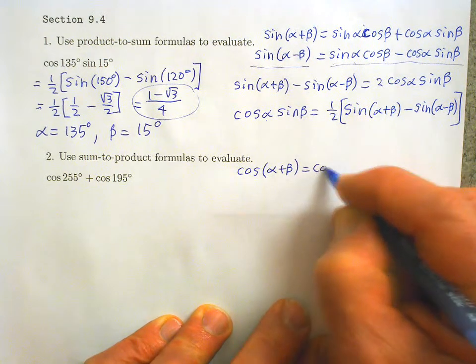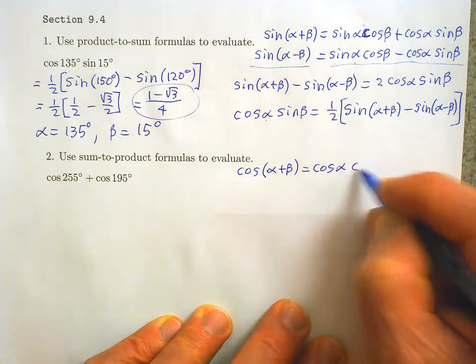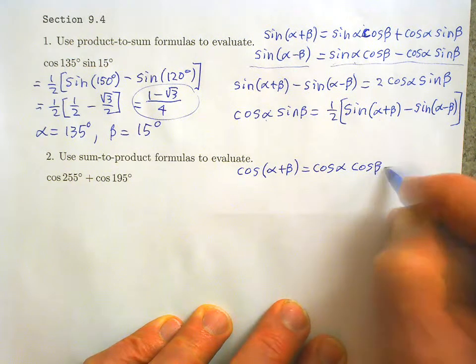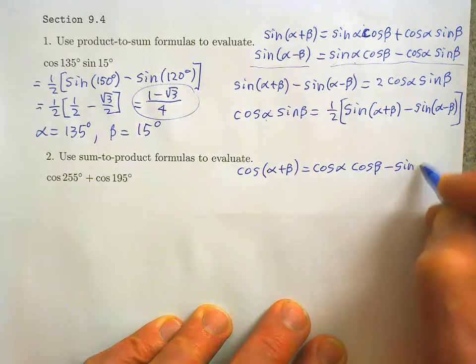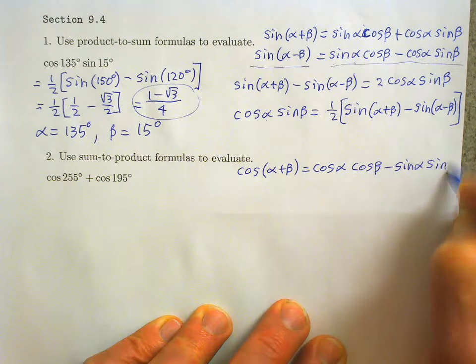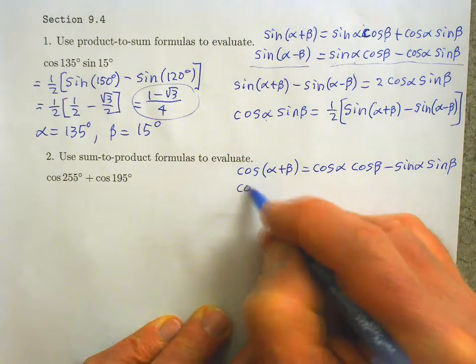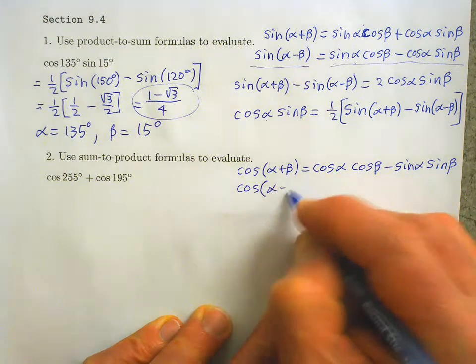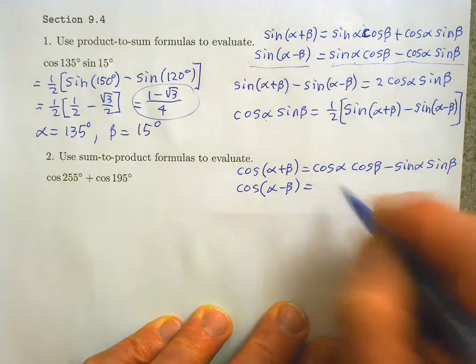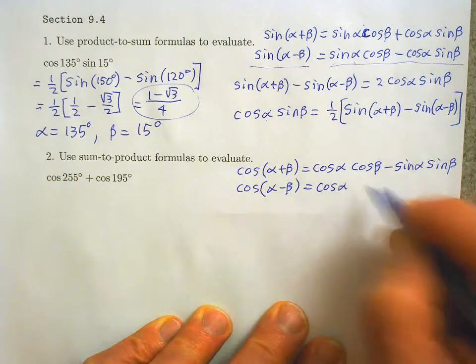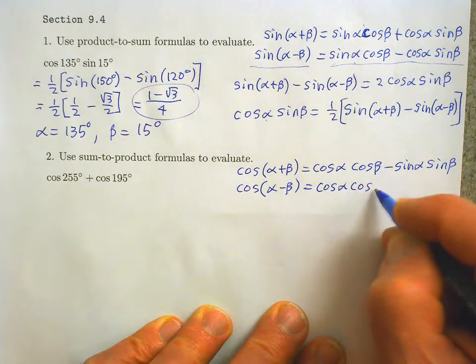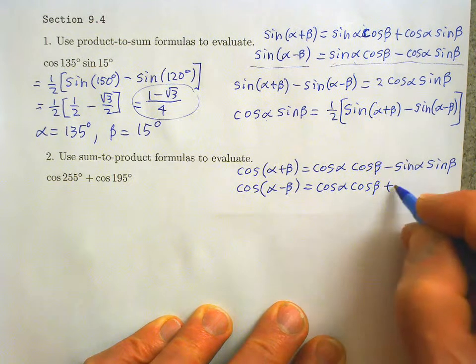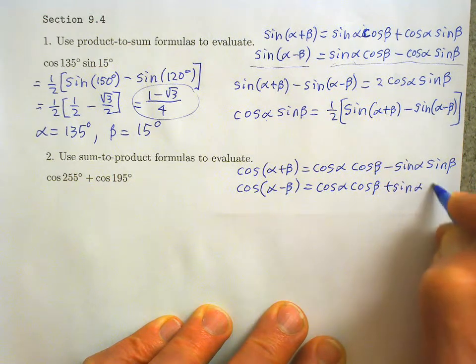This is cosine of alpha times cosine of beta minus sine of alpha times sine of beta. And then cosine of alpha minus beta is cosine of alpha times cosine of beta plus sine of alpha times sine of beta.